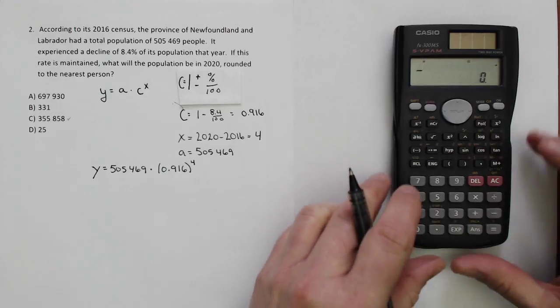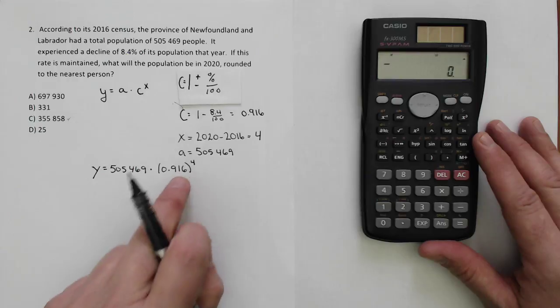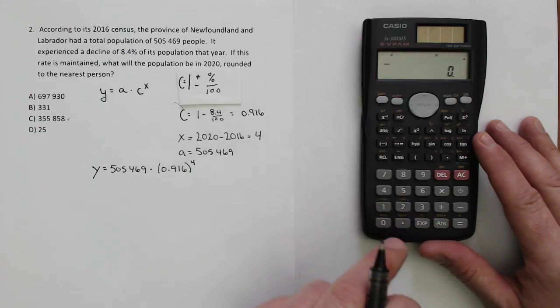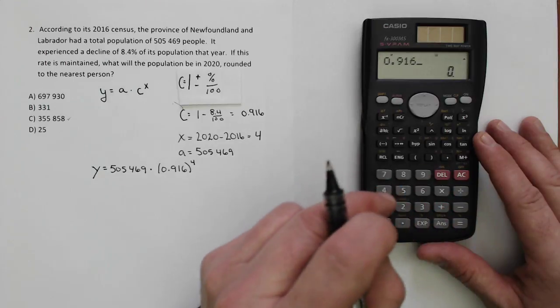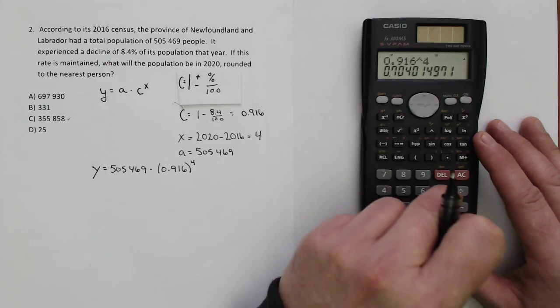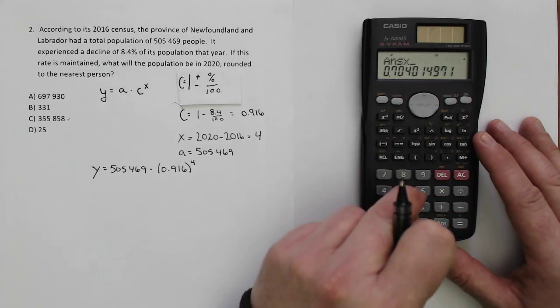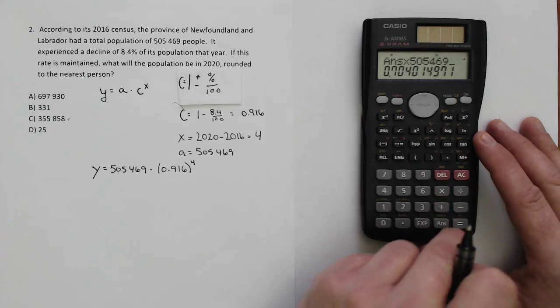I'm going to come over to my calculator, and I'm going to show you something quick in a second here, but first we'll do it this way. So we're going to go 0.916, and then we're going to hit my little chapeau to the power of 4. It's going to give me that number, which I'm then going to multiply by 505,469.